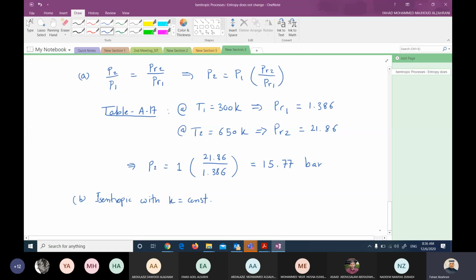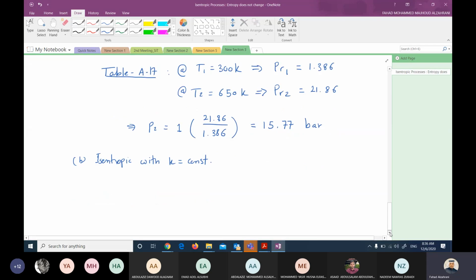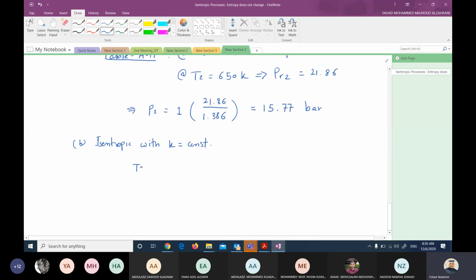I have T2 over T1 equals P2 over P1 to the power K minus 1 over K. Then I flip this, so if I need to find the pressures, I take the power.